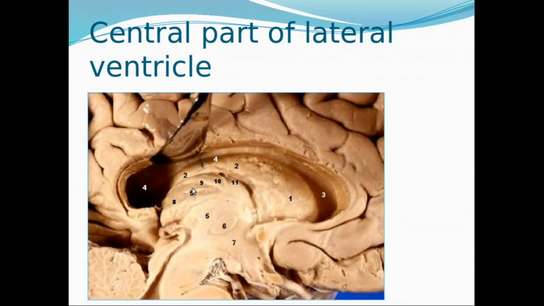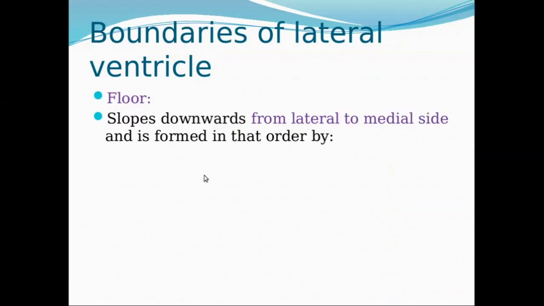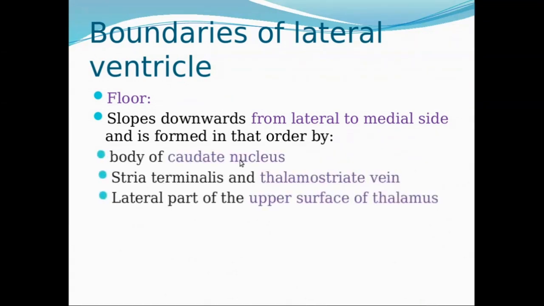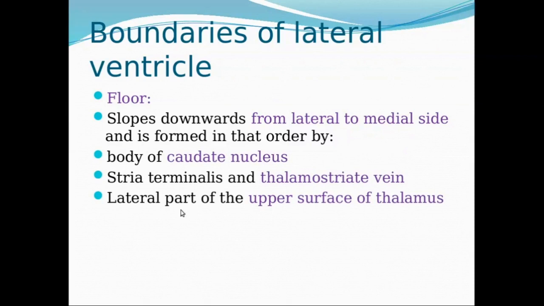So all these form the floor. The floor slopes downwards from lateral to medial side and is formed, in that order, by the body of the caudate nucleus and the lateral part of the upper surface of the thalamus. In between them are the stria terminalis and the thalamostriate vein.